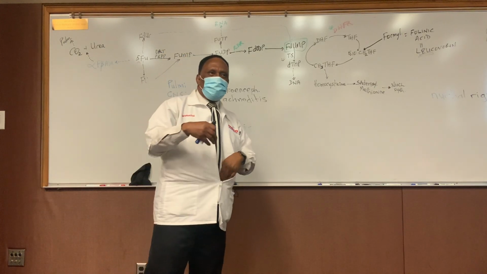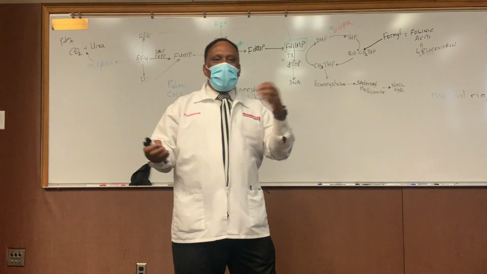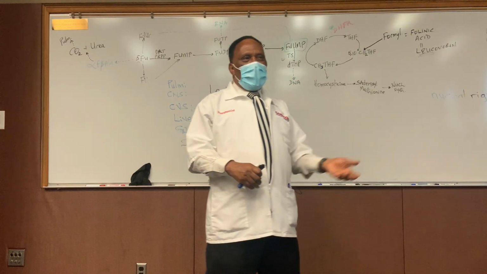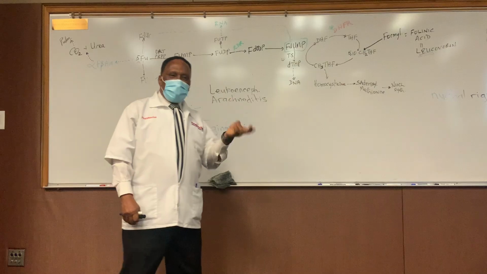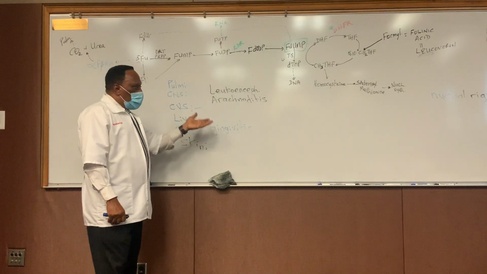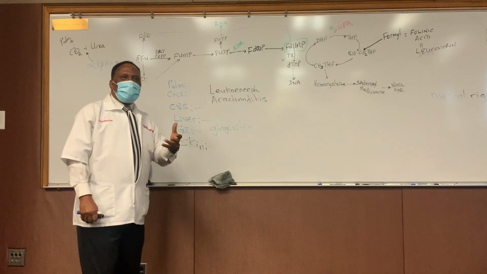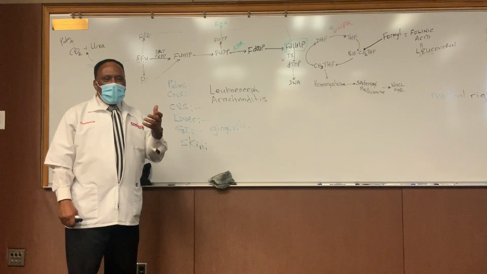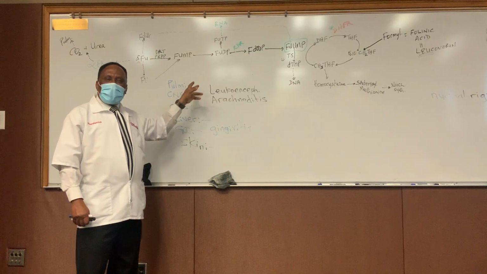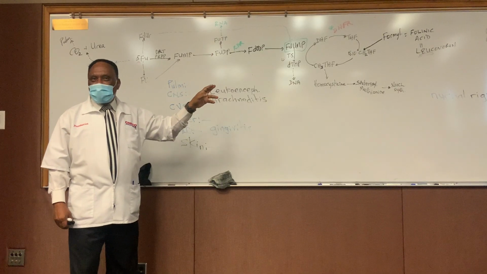So it's used to treat cancer, but it can also cause cancer. It's mutagenic, it's embryotoxic, and it suppresses the immune system. It's an immunosuppressant. That's why you can use it in rheumatoid arthritis.